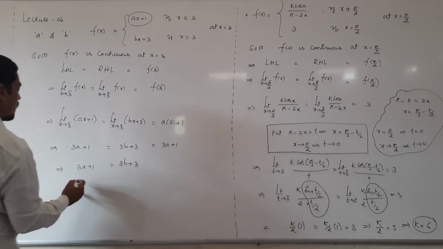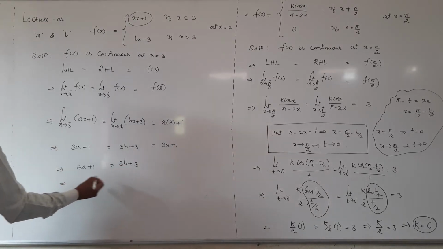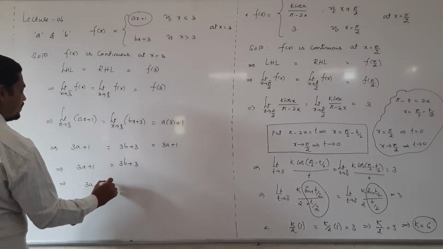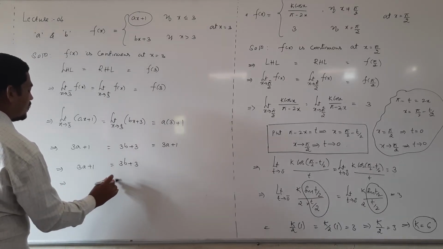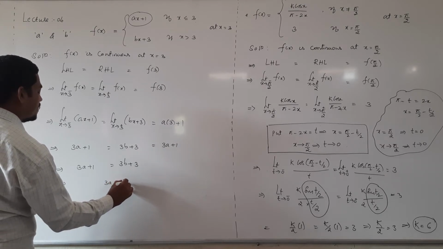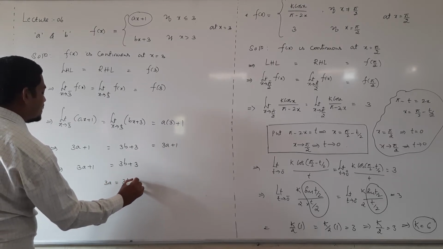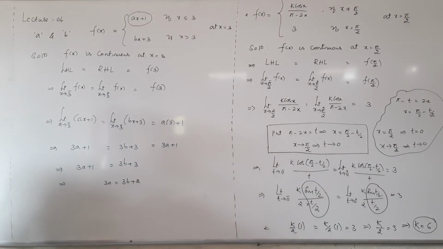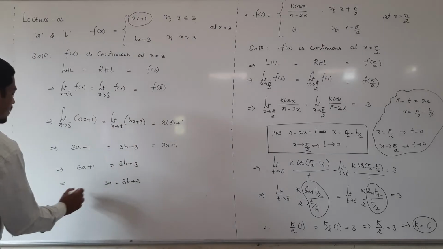3b plus 3. Then just rearrangement, then 3a equal to, what is 3a value? 3a equal to 3b plus 2 only, because send this plus 1 into RHS, then it is 3 minus 1, that is 2.